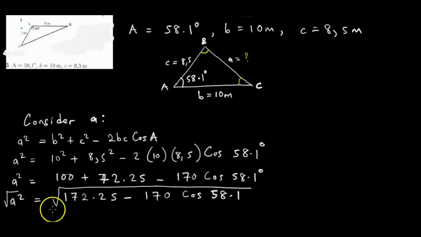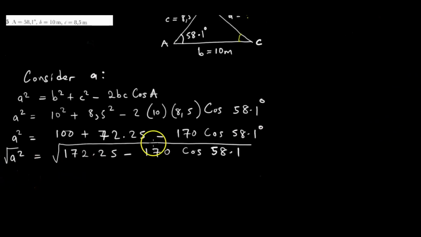Yeah, square root yenyu make sure kuti no cover everything kuitira kuti zinyatsokuva mathematically astute. Then pano the square root of a squared is a. Then we go into our calculator, a powerful calculator. We look for the square root of 172.25 subtracting 170 cos 58.1, like that.